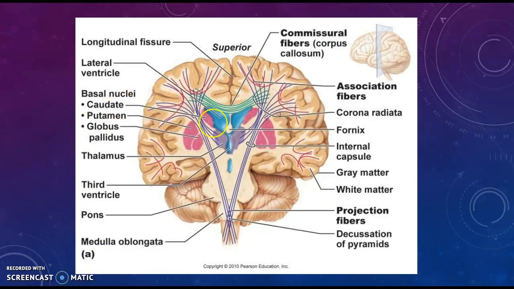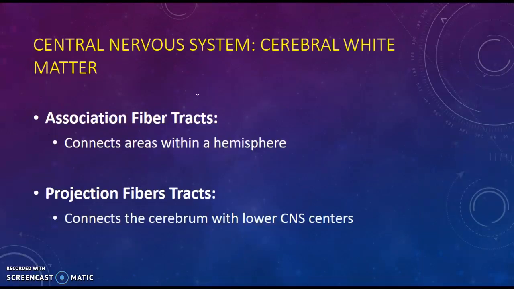So if we look here, the purple tracts are going to be the corpus callosum. Or right here, I'm sorry, the green. The green tracts here are going to be the corpus callosum. And what they're doing is they're connecting the right and the left cerebral hemispheres together. So your right and left cerebral hemispheres are able to communicate.